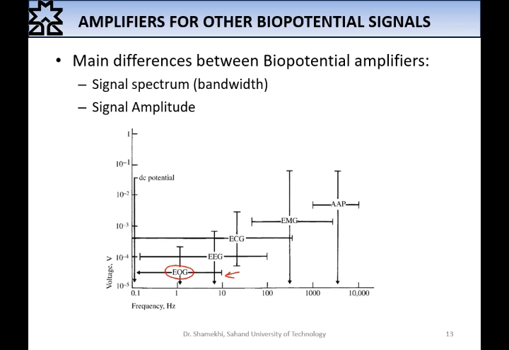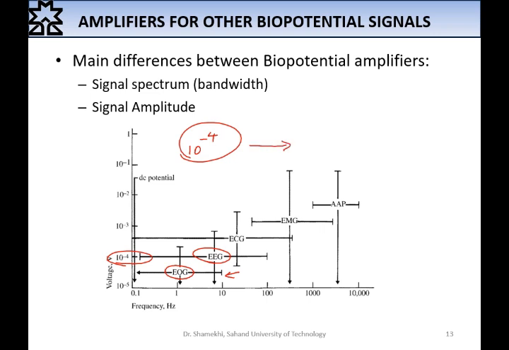For example, if you want to record EEG, the maximum amplitude is 1 millivolt, maximum. But as you can see, the typical voltage amplitude is this.